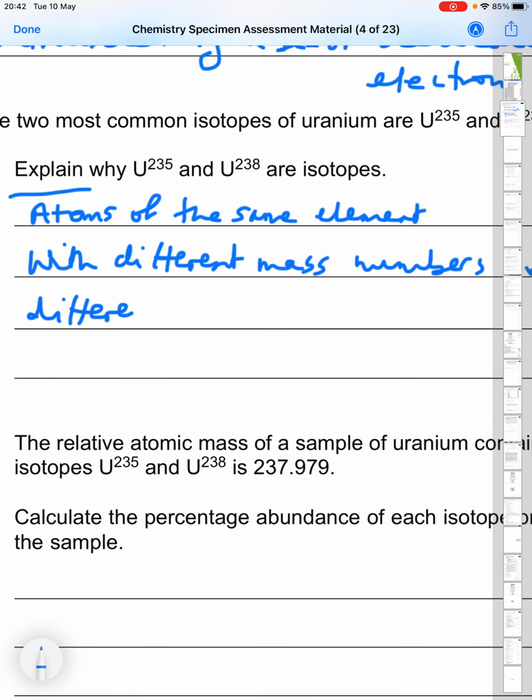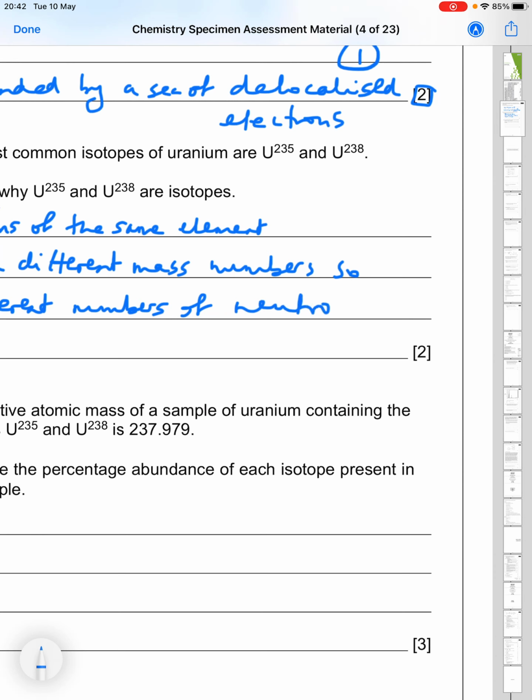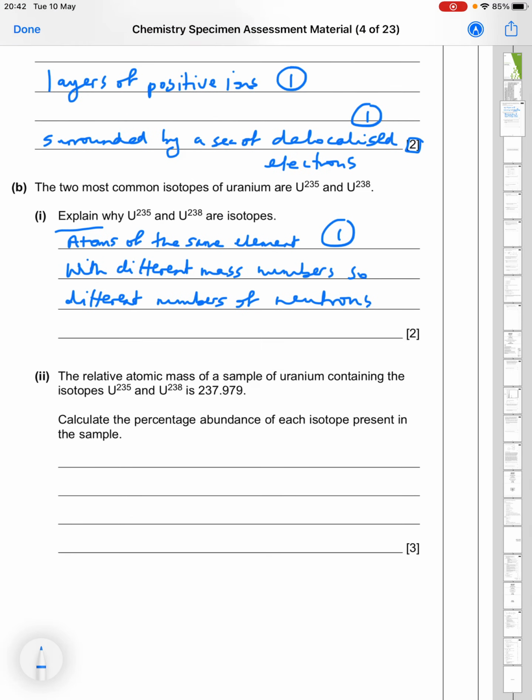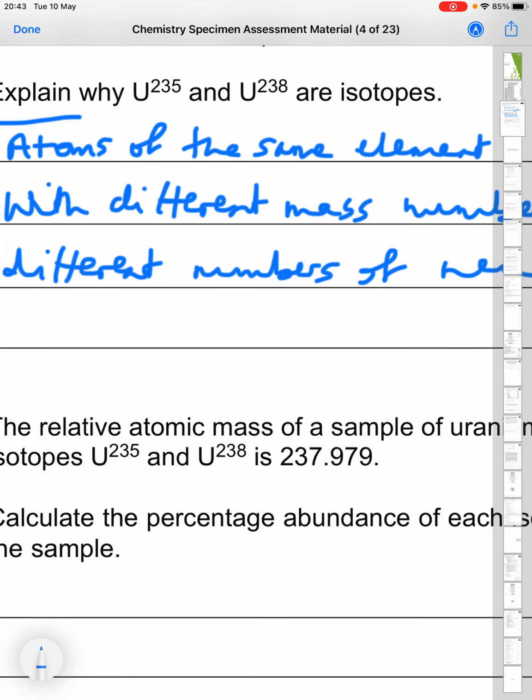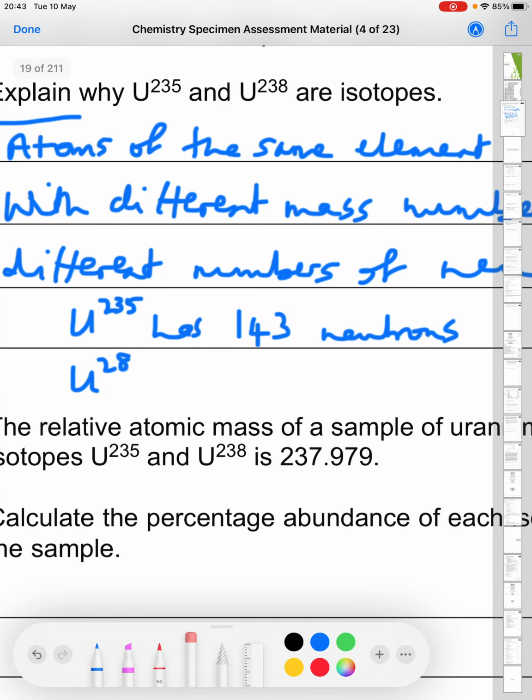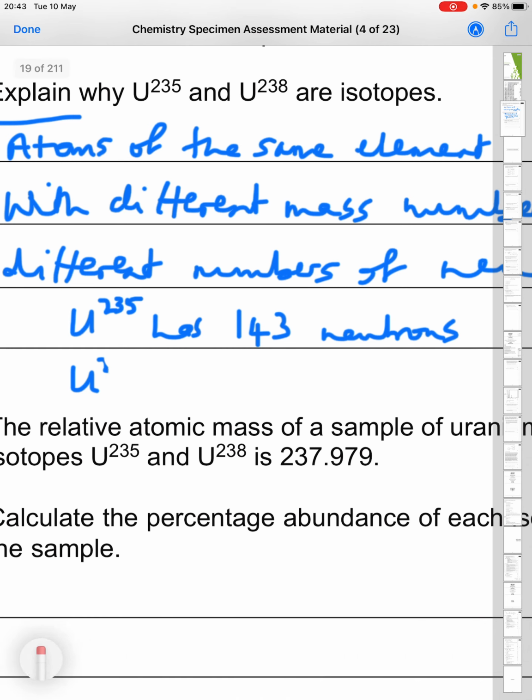So different numbers of neutrons. I looked at the mark scheme for this, and the first mark is for saying atoms of the same element, and the second is for making this point, but also for saying that the U235 has 143 neutrons, while the U238 has 146 neutrons.